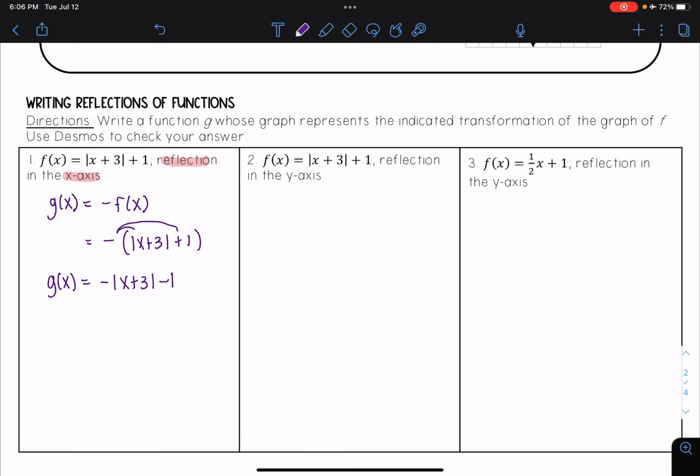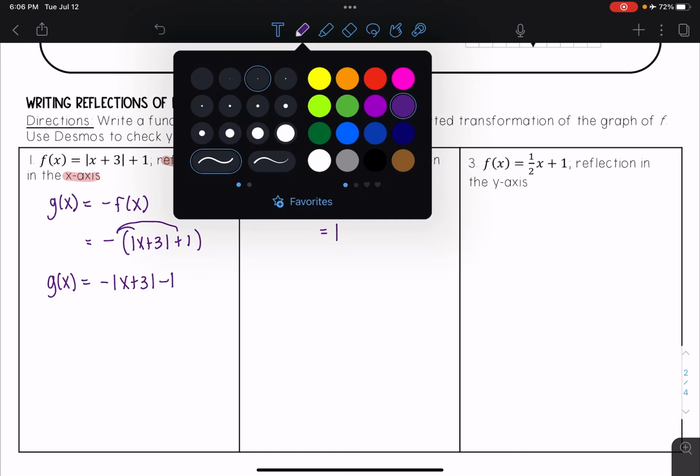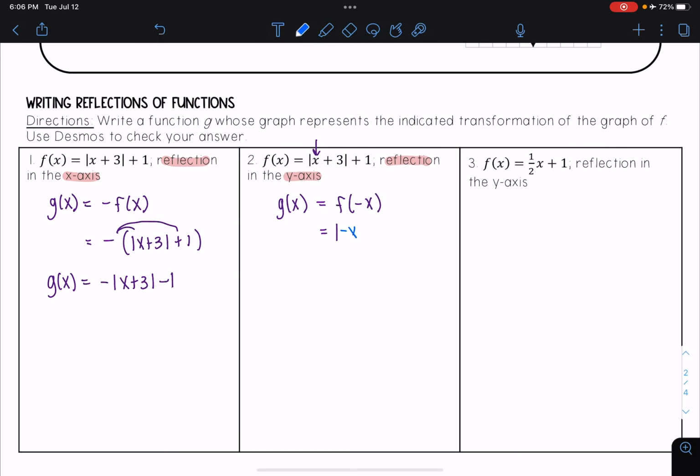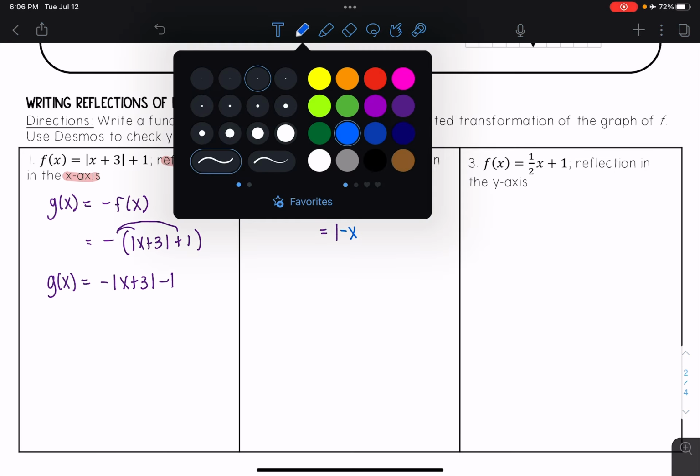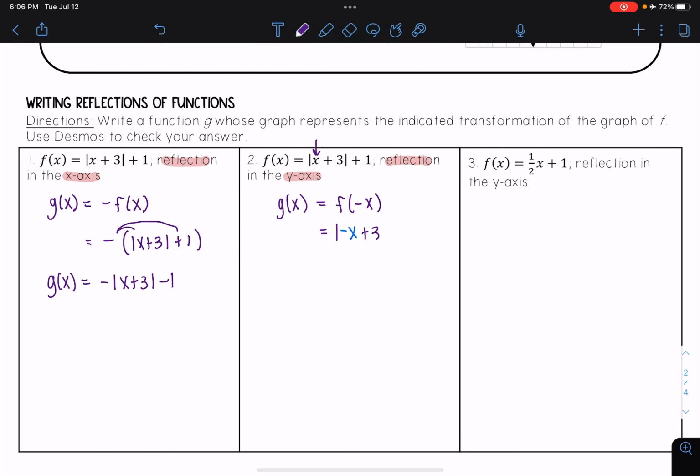Okay, now we're going to look at that same function, but we're going to do a reflection in the y-axis. When I'm doing a reflection in the y-axis, that means I'm multiplying the inputs by -1. So g of x is going to equal f of negative x. When I do f of negative x, that means I'm replacing x in my function with negative x. So this is going to be the absolute value of negative x plus 3, plus 1.